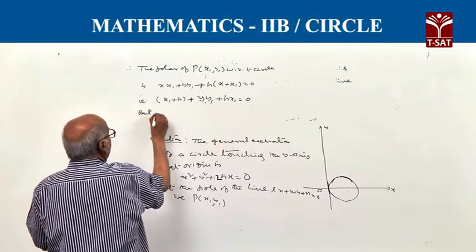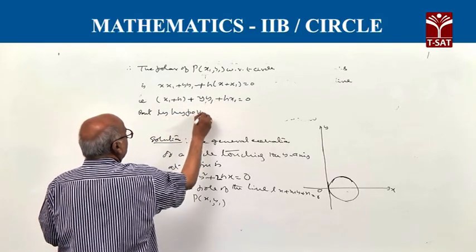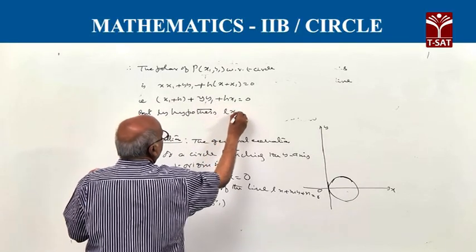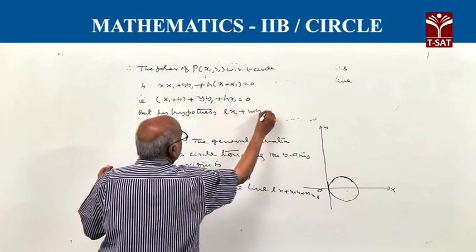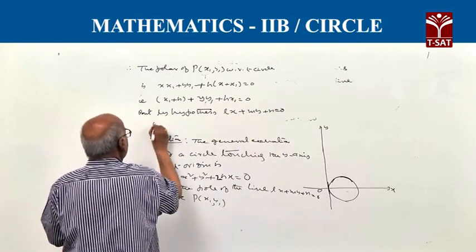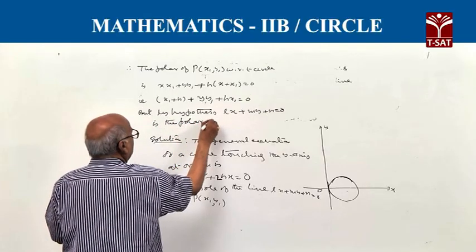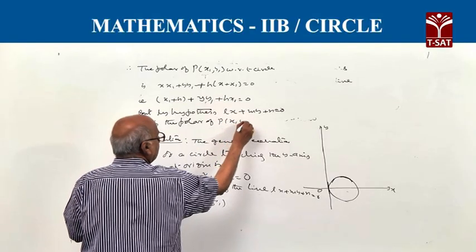But by hypothesis, Lx plus my plus n equal to 0 is the polar of P(x1, y1).